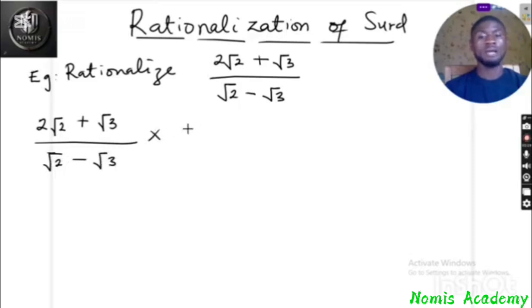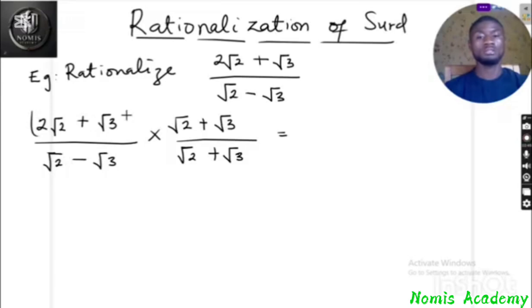So multiply the numerator and the denominator by the conjugate, root 2 plus root 3. So when we multiply, this becomes like this, right? So when it becomes like this, it requires us to open the bracket.